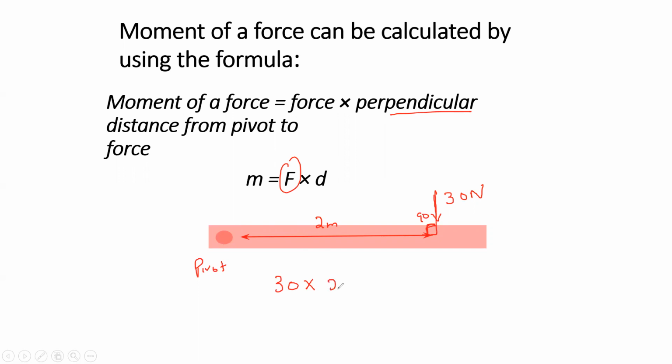So 30 multiplied by 2 equals 60. The force is in Newton and the distance is in meter, so 60 Newton meter will be the moment. But what about the direction? Which direction will this object rotate when we apply the force, clockwise or anti-clockwise?